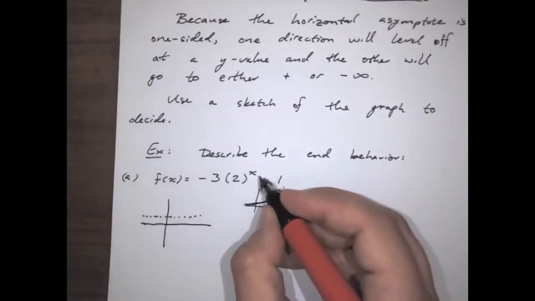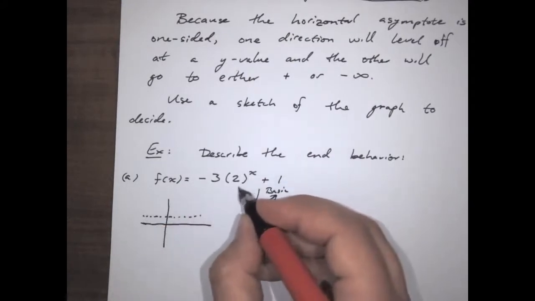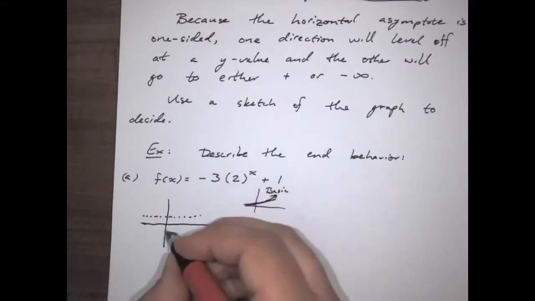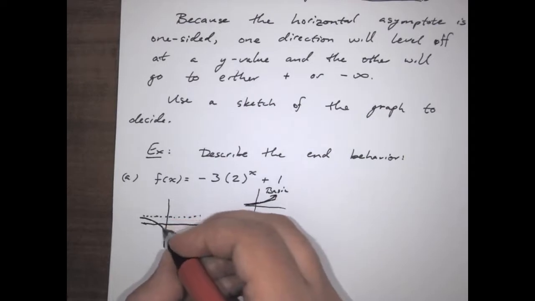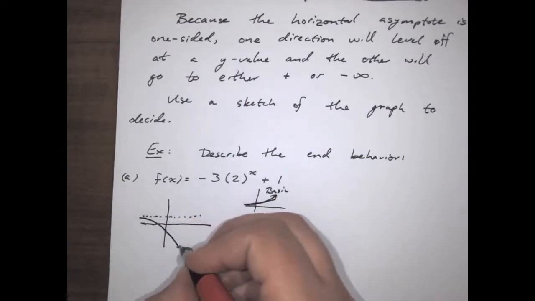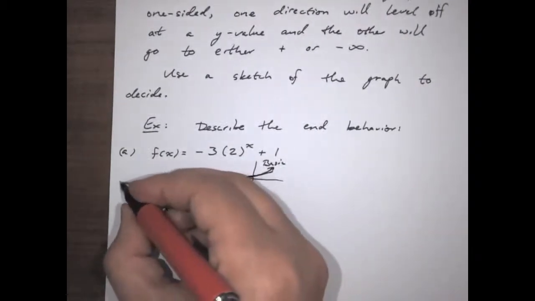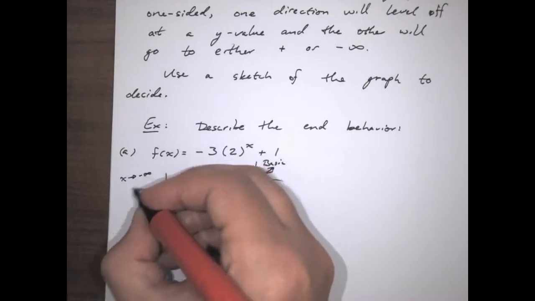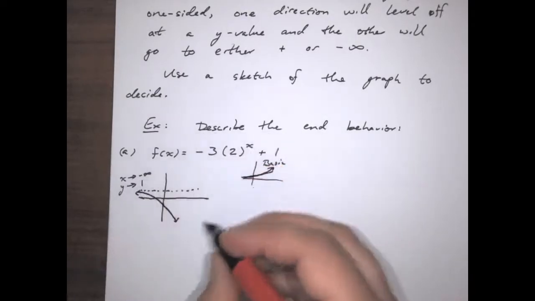And if you wanted, you could actually figure out from these things what the actual y-intercept would be. It's not really important for us to know. The important thing for us to know is which way it's going. So here we have x going to negative infinity, y is going towards 1.